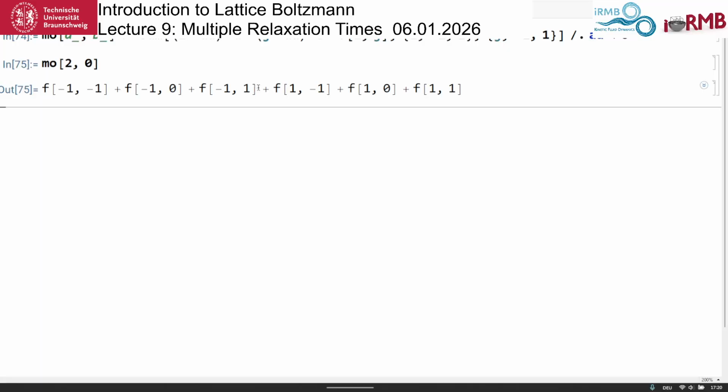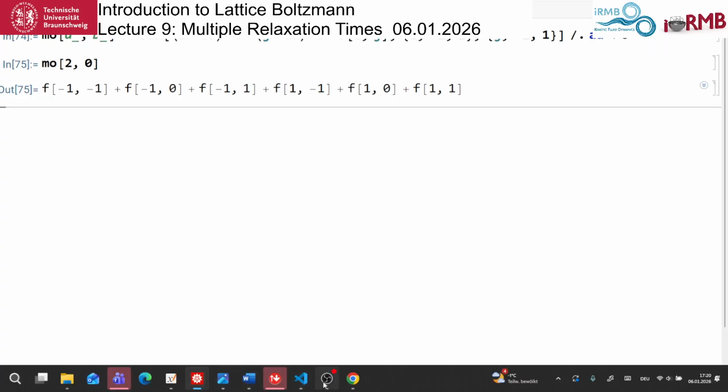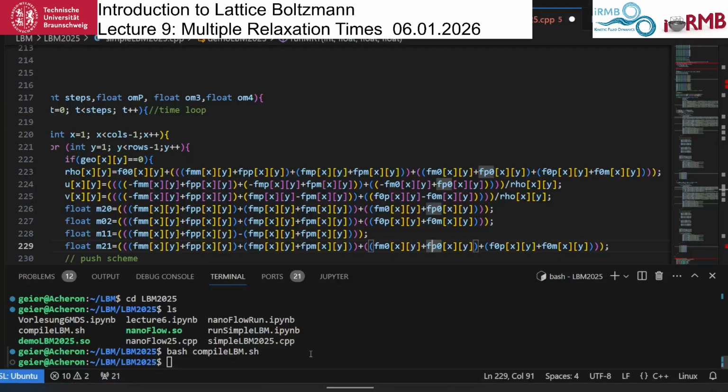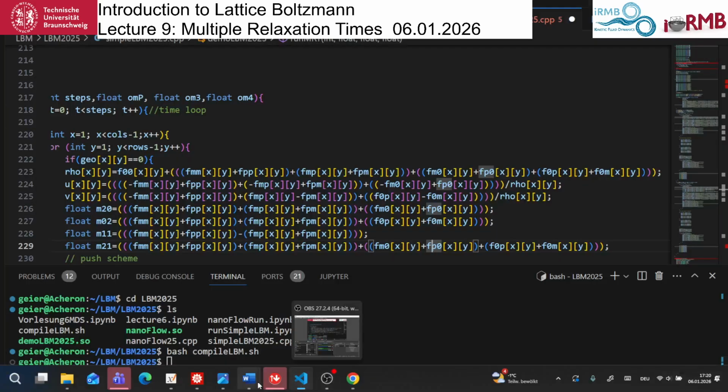So this is everything excluding the ones that have a 0 in the first index, right? This is what we said. So what we are currently bothered about is 2, 1.